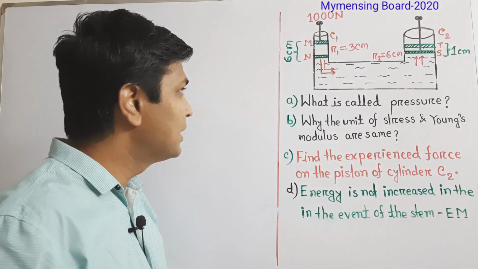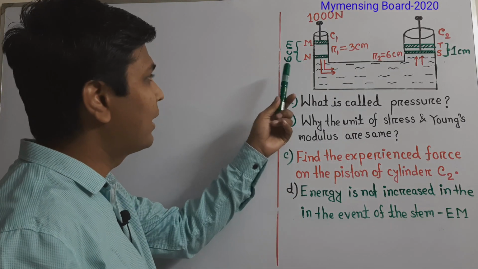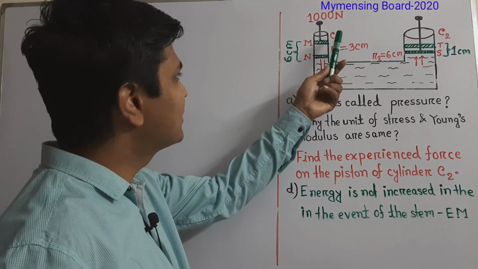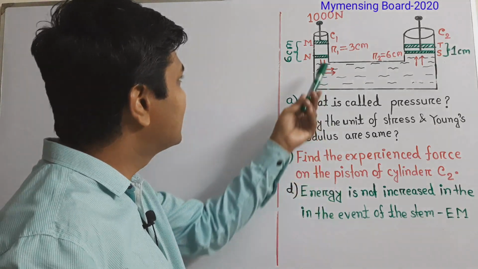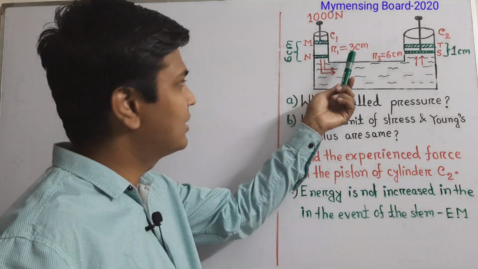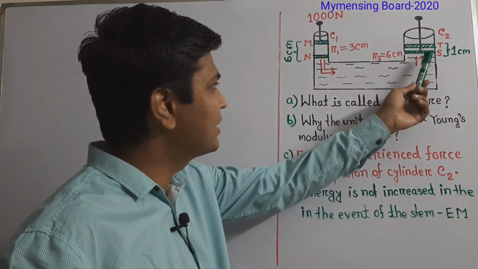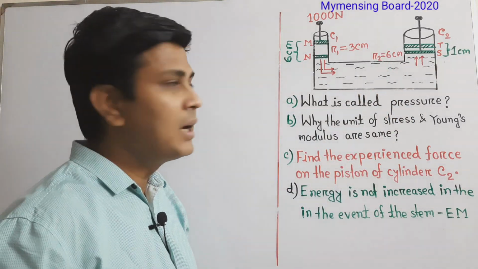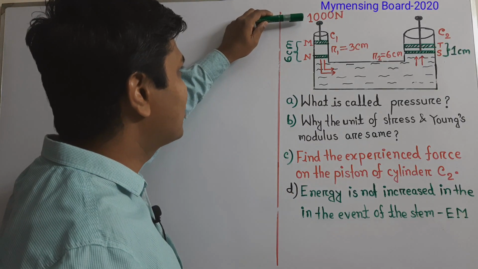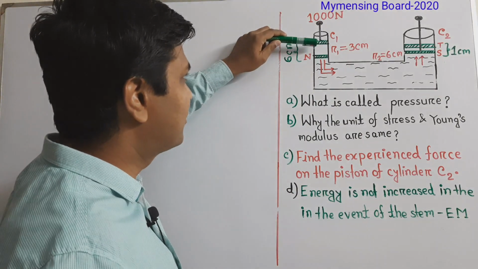Look at the stem. In the stem you can see a figure where two cylinders C1 and C2 are given. In the first piston the radius is 3 cm and the second piston radius is 6 cm, and 1000 Newton force is applied on the first piston.